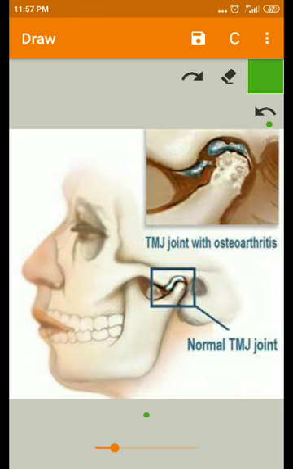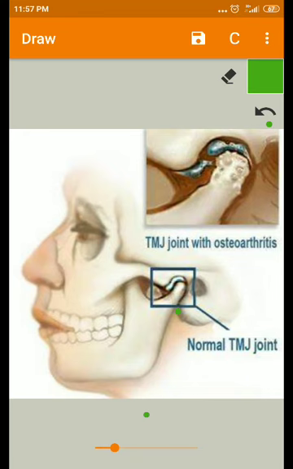Normally the dislocation of the temporomandibular joint is usually temporary, and this can be resolved with joint mobilization. So this is about the hypermobility and the dislocation of the temporomandibular joint.